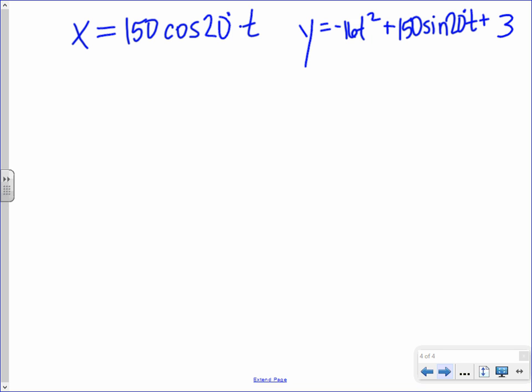Okay, so 400 would be the distance of our wall. So we can plug that in for x. That's how far the wall is away from us.